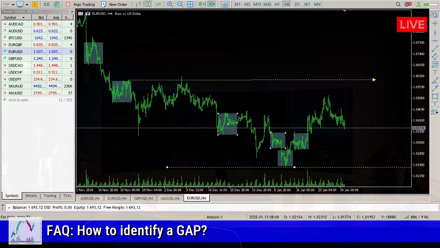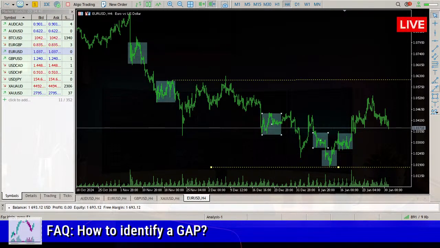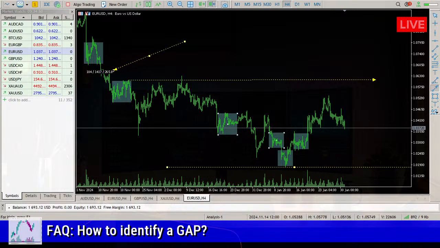When you can see the movement from one base to another base, it leaves some gap in between. For example, this one, this is the most obvious one. So it means on the 4-hour chart we can see there is a gap.